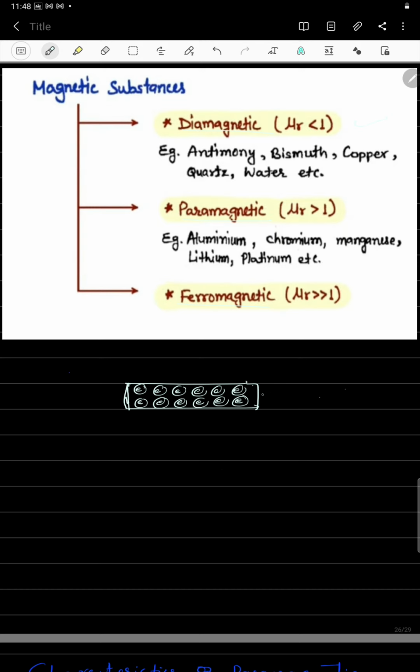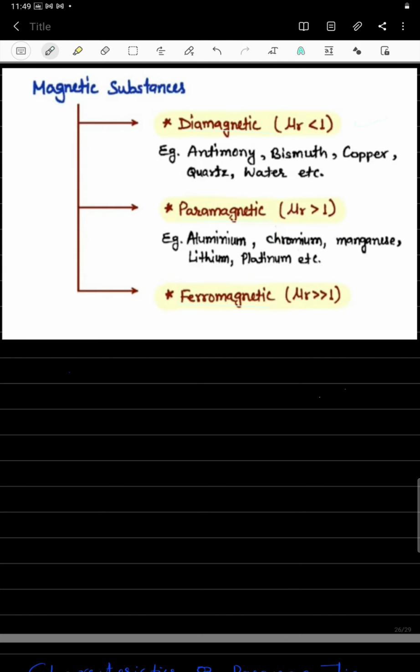Using the differences between these three magnetic substances, we can understand which type of material we are using. Those are the examples.